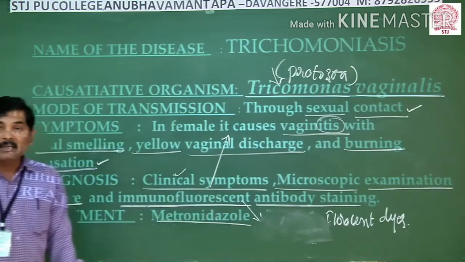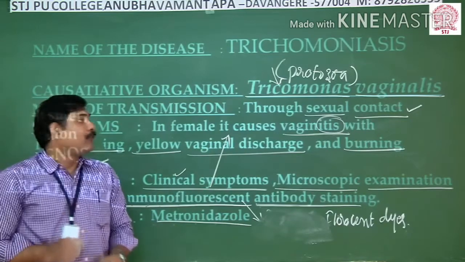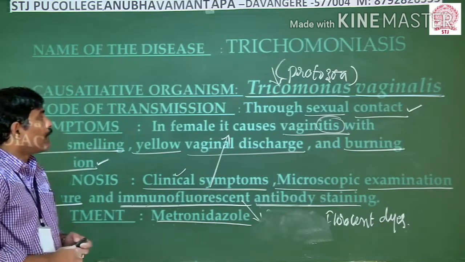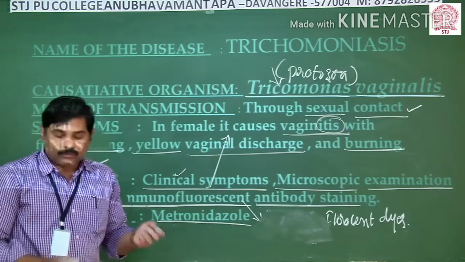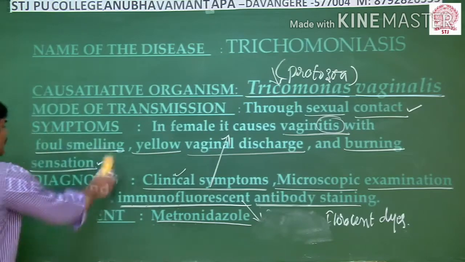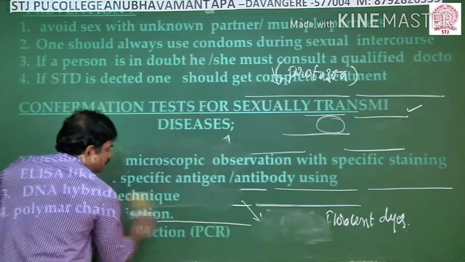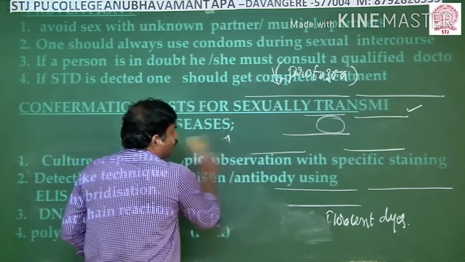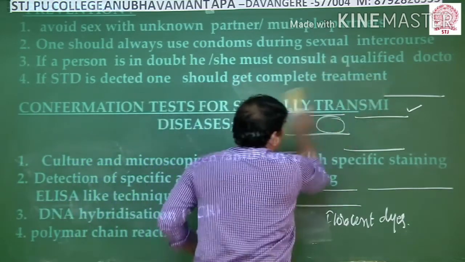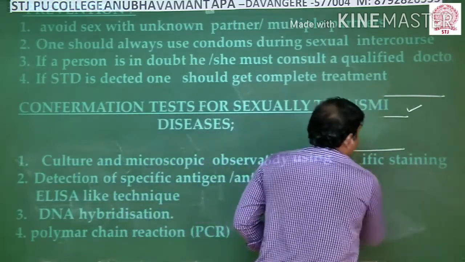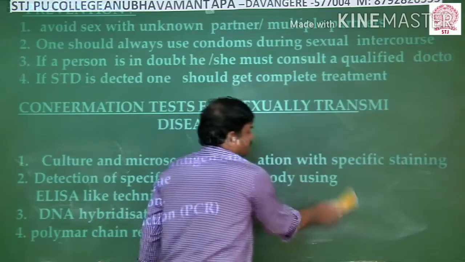Metronidazole is an antibiotic that is helpful to us to treat this protozoan disease known as trichomoniasis. So this is all about the protozoan disease. With this we study the very important diseases that come under sexually transmitted diseases, caused by various types of pathogens.